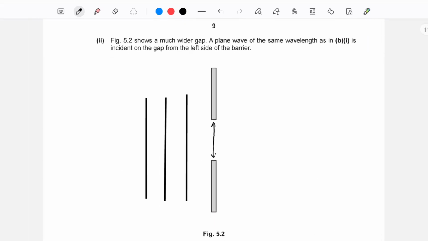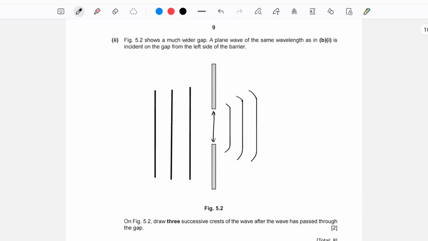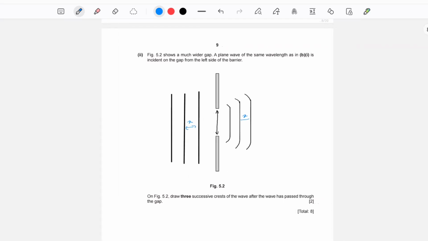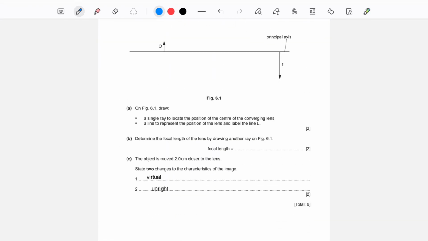So it would look something like this. But also on this part, make sure this wavelength is the same. And that's it for question 5.